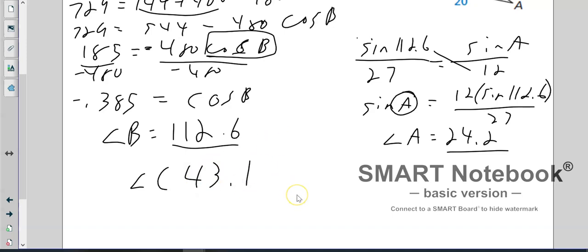Slightly off. Let me try that again. So 112.6 plus 24.2, take that from 180. That should be 43.2. So 6 plus 2 is 8. And that's the entire triangle completed.